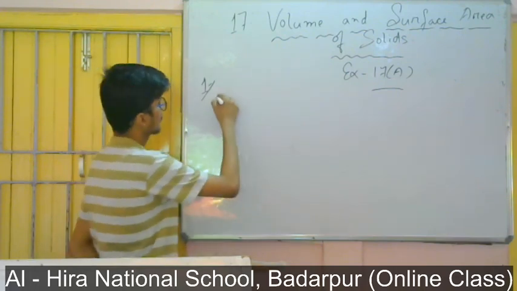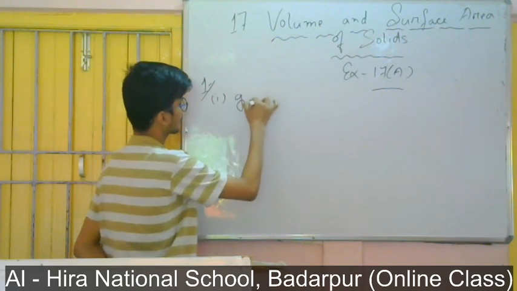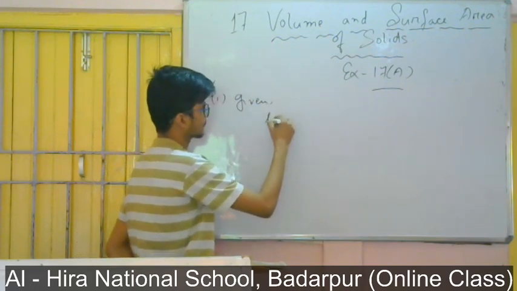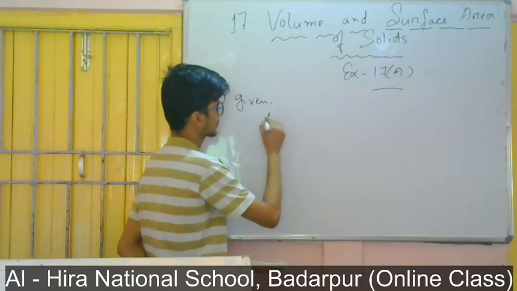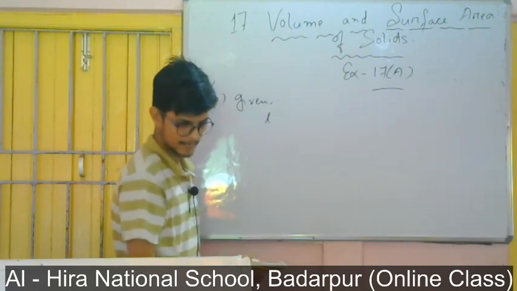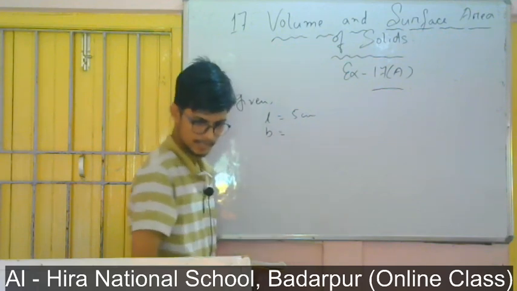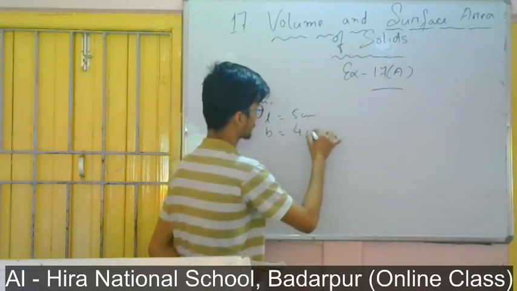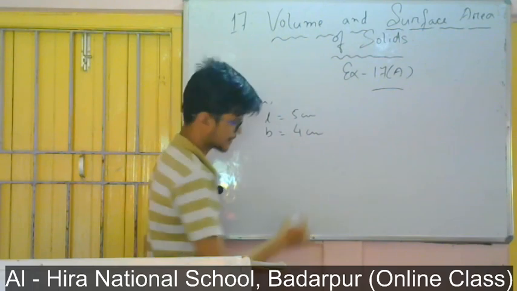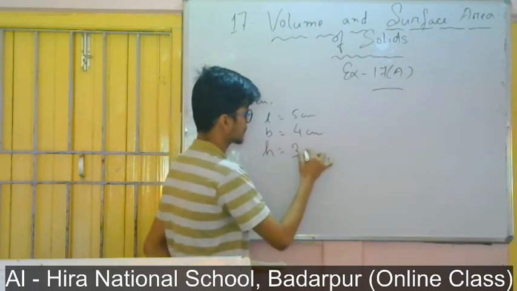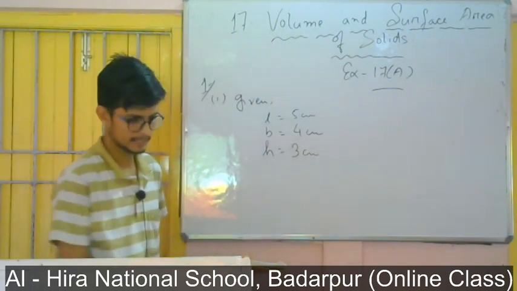So you write, I am doing Roman number 1. Given length, you write directly, given L equals 5 centimeter, breadth is given as 4 centimeter, and height is given as 3 centimeter. Length, breadth and height are given.